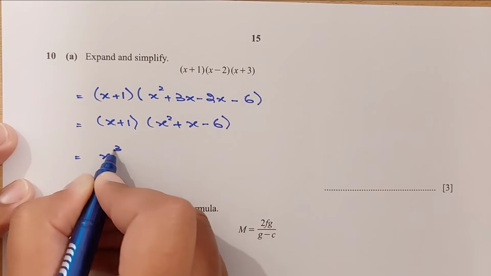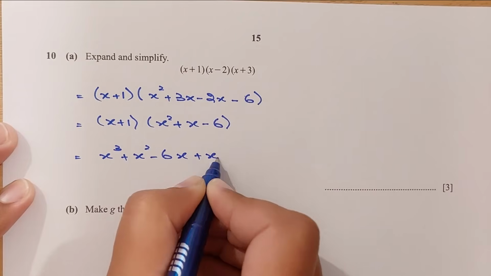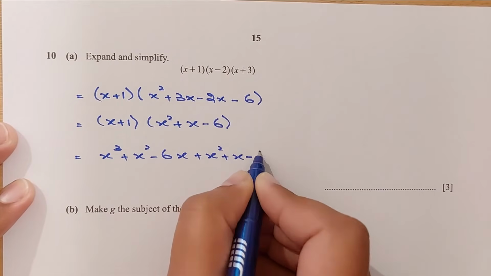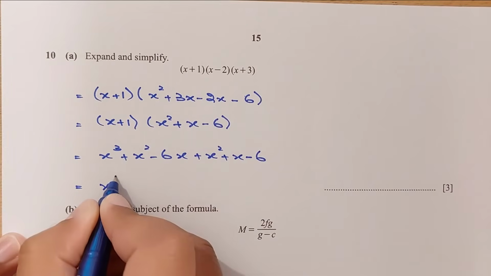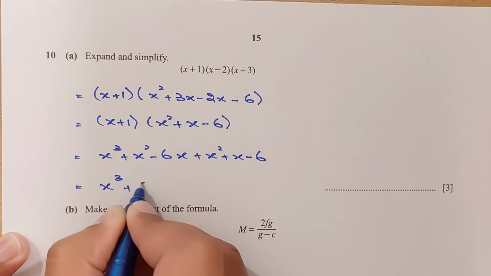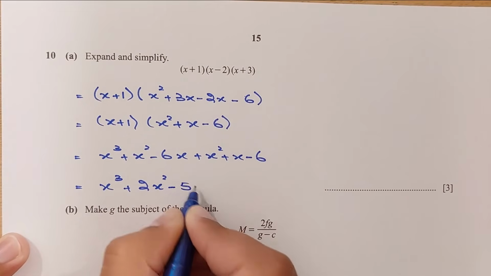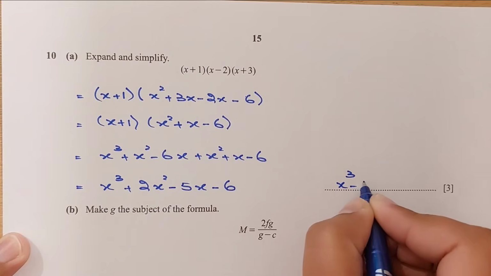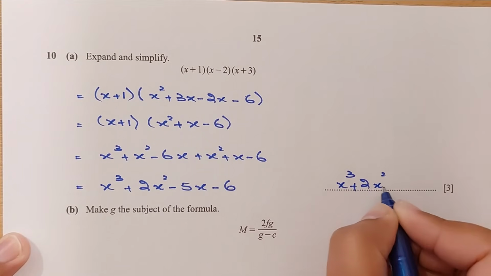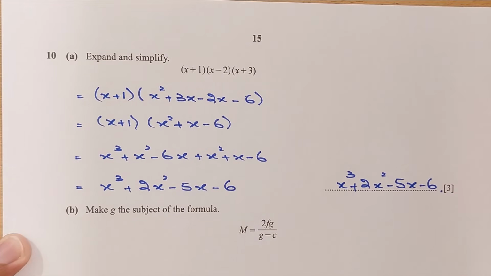So x cube plus x square minus 6x plus x square plus x and minus 6. And the simplified answer, we have x cube, 2 times x square, and minus 6 and minus 1 is minus 5x, and minus 6. So x cube plus 2x square minus 5x minus 6 is the simplified answer.